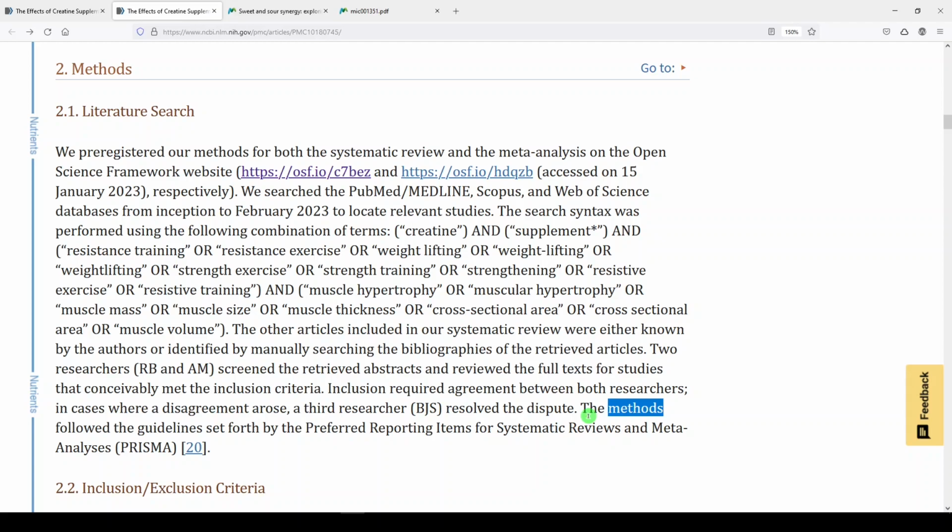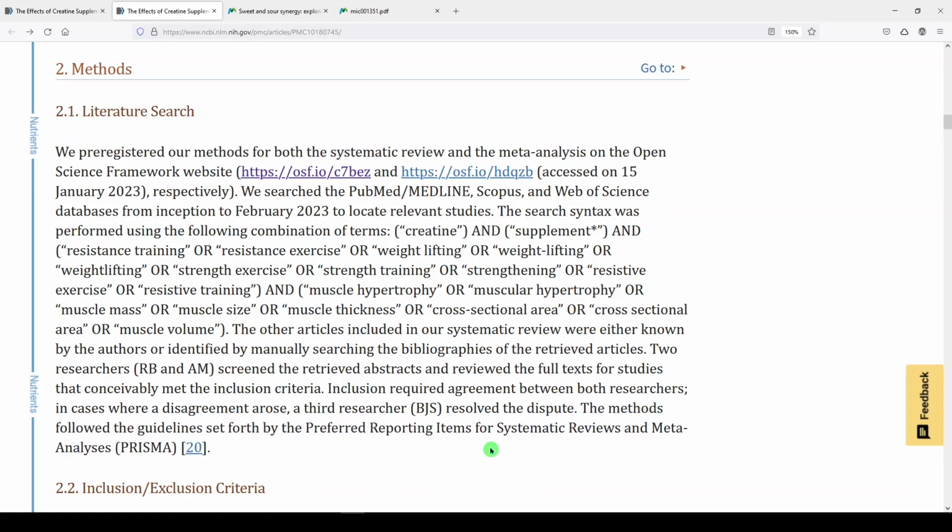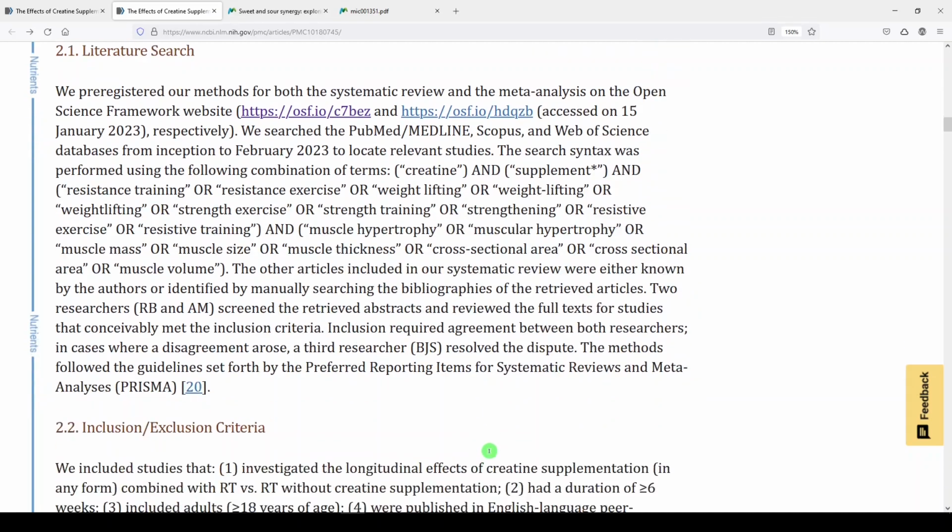If they wanted to follow methodological guidance, I would hope they would have used Cochrane or JBI or some other type of methodological guidance for systematic reviews. But yeah, I don't love that sentence. I really prefer people to say they reported with Prisma and they conducted with X, Y, or Z.